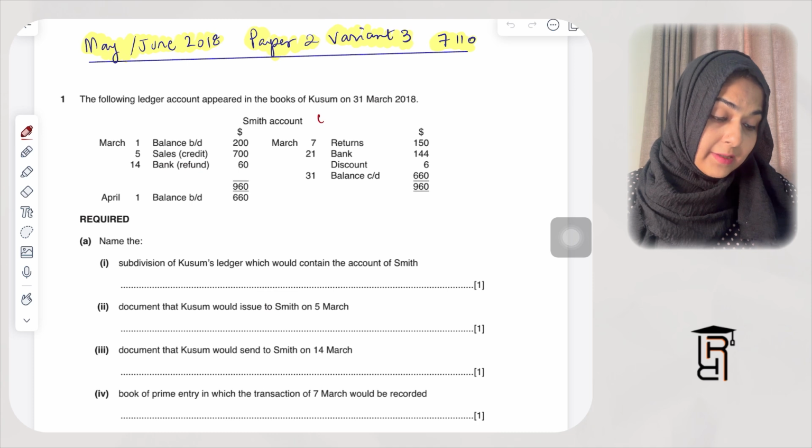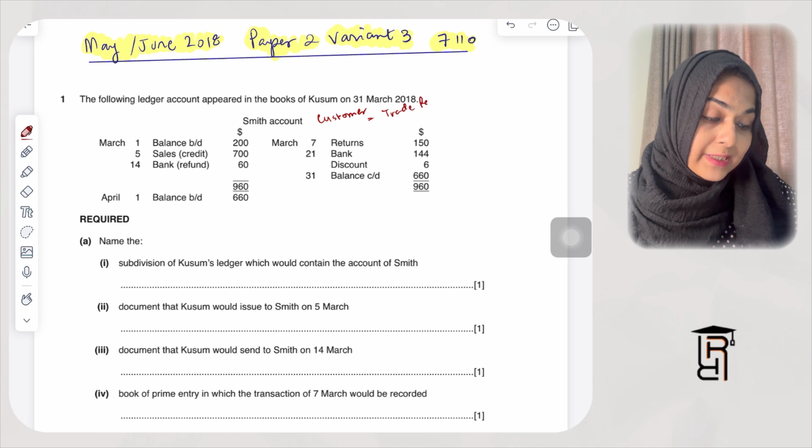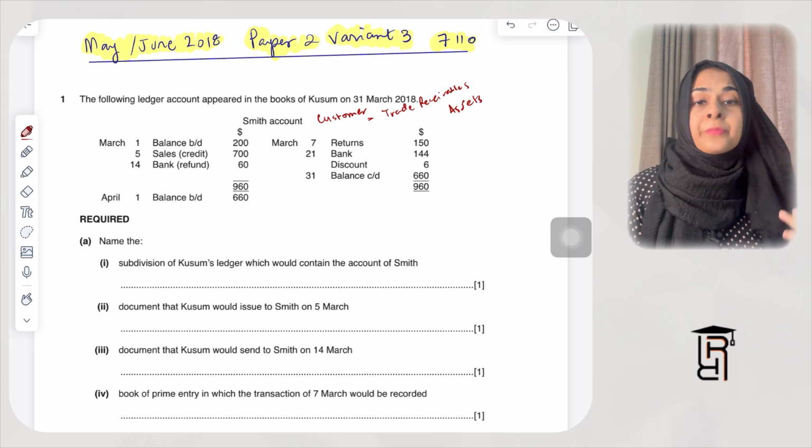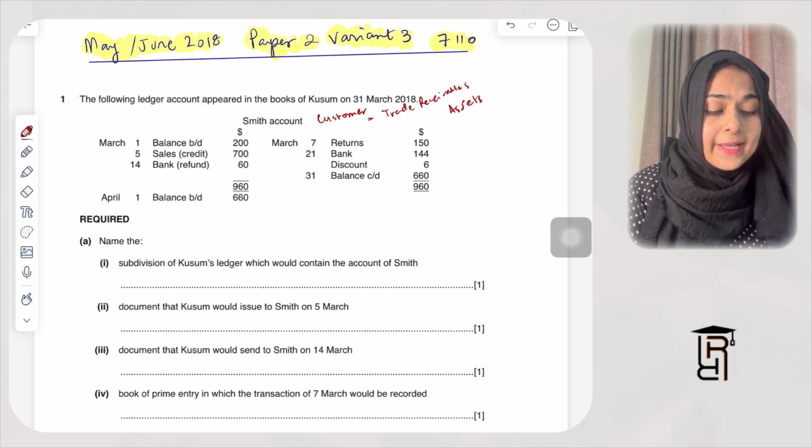So Smith is a credit customer. Trade receivables are assets of the business, and the balance brought down for all assets comes on the debit side of the T account.